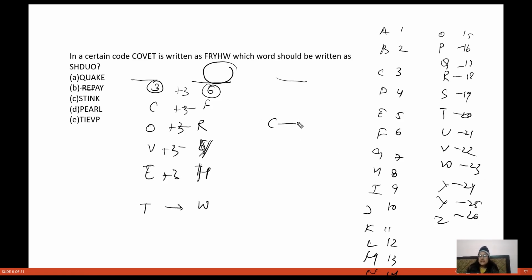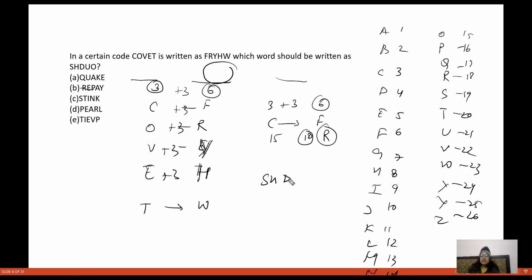Now this C became F, so 3 plus 3 is 6. And O is 15, so what is 18? 18 is obviously R. So this is the sequence.